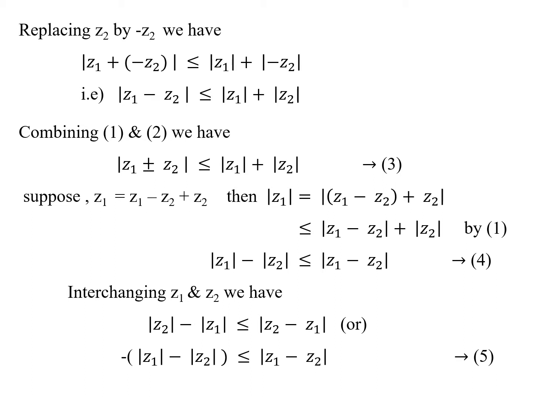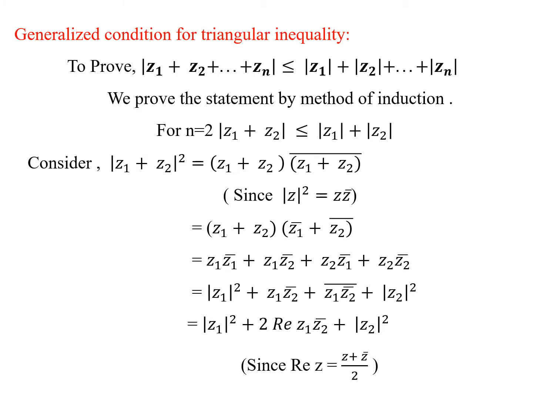Using this triangle inequality, we can now generalize to more cases. What is the generalized case of the triangle inequality? The modulus of a sum of complex numbers is less than or equal to the sum of the moduli. In the last one we took only two complex numbers; now we take more.